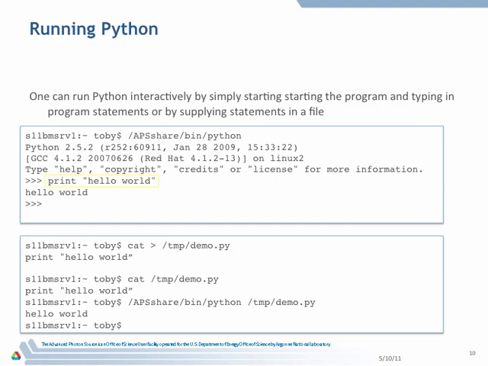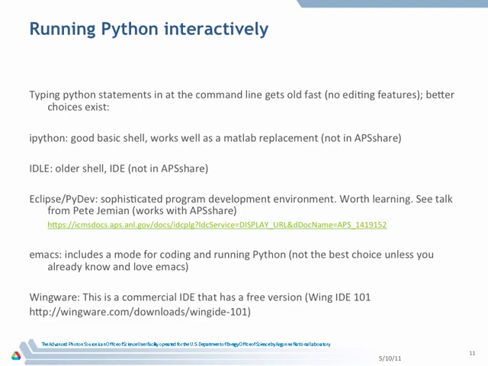Now, if you want to do more advanced things, you can set up a shortcut, for example, on Windows that would do the same thing. So you would have a little icon that would open up a DOS box and display hello world. But the point I want to make here is that Python's very easy to run, and you can try your commands out one line at a time if you want to.